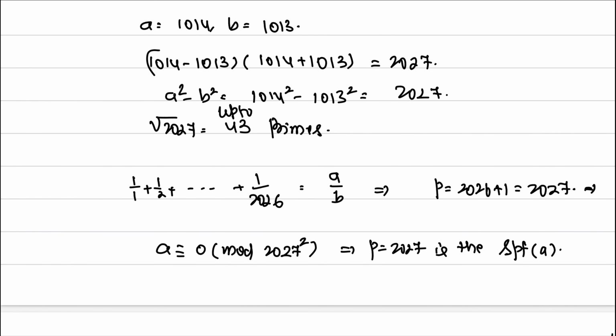Now, you just see how easily we are able to find out for any number. This is the SPF of numerator, because the numerator is a combination of many multiplications. It's a very big number, the numerator. Denominator is the product of all the numbers in the denominator of each number.